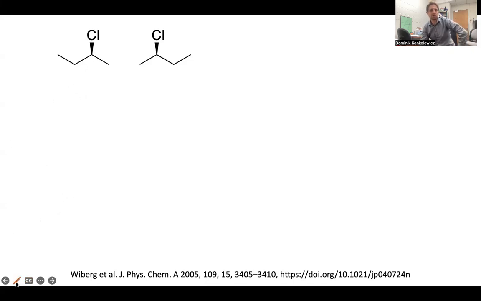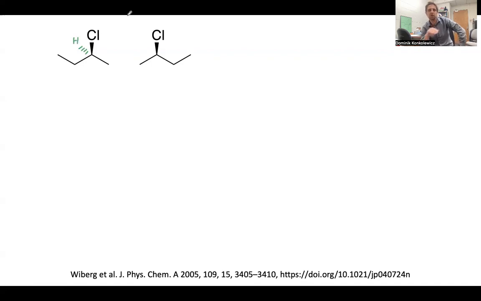If we use the Cahn-Ingold-Prelog rules, let's say that we assign those priorities in green for this enantiomer. We have an implicit hydrogen here, which is not drawn in. But because we see the Cl is wedged and the other two groups are flat, we know that the implicit H has to be back. So that's a dashed H there.